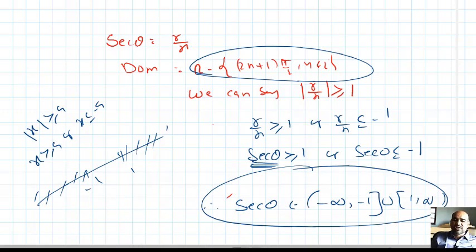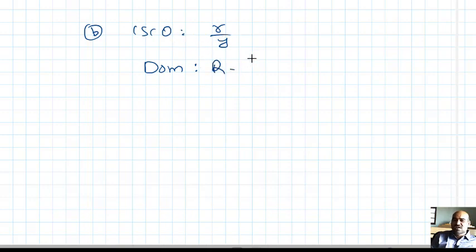In a similar way you can define the cosec function also. The sixth one, cosec function: cosec theta is defined as r by y. With this, I can say directly the domain of the cosec function: all real numbers except the angles of the form n pi, where n belongs to Z. Now for the range, the same argument.